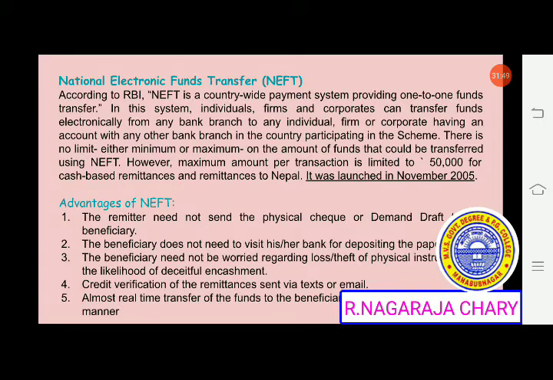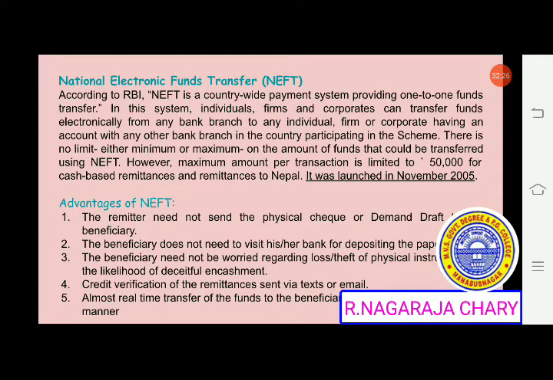So earlier in the case of RTGS we discussed there is no maximum limit, but there is a minimum limit, that is a minimum of 2 lakhs. Whereas in the case of NEFT there is no maximum and minimum limit, but the maximum amount per transaction is limited to 50,000 for cash based remittances and remittances to Nepal.